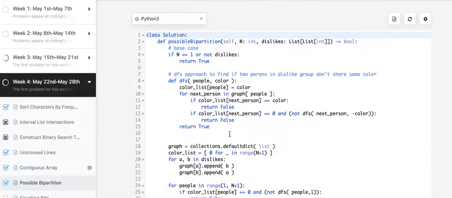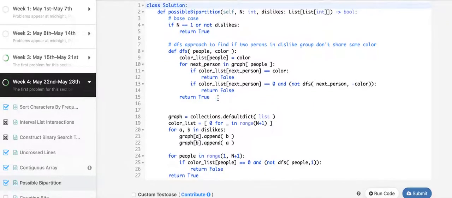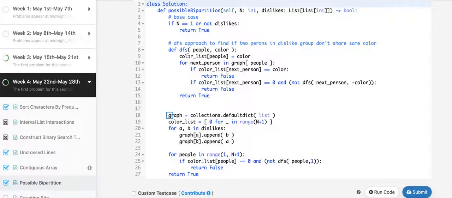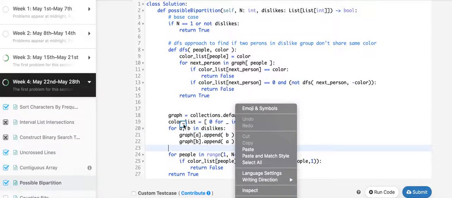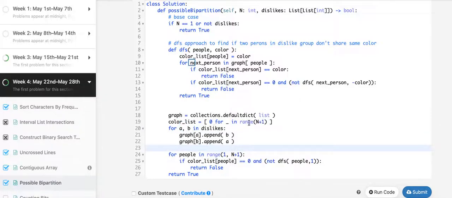So I create a base case over here that if n is equal to 1 or dislike is an empty list, then it returns true. Otherwise, I create a function DFS, and first of all, a graph is created, and initially the color list has 0 for all the persons.